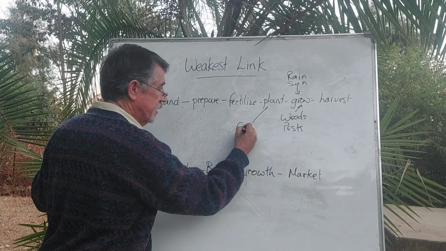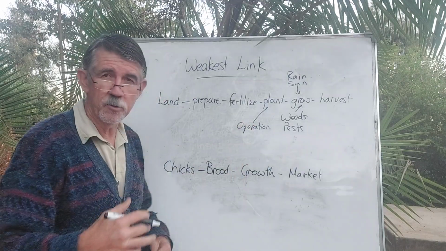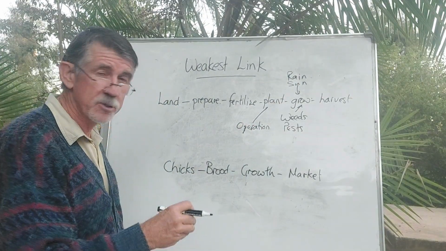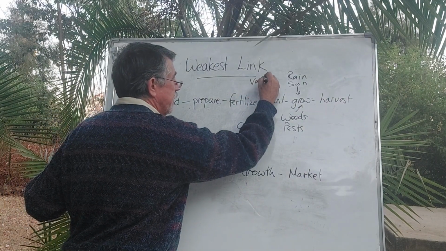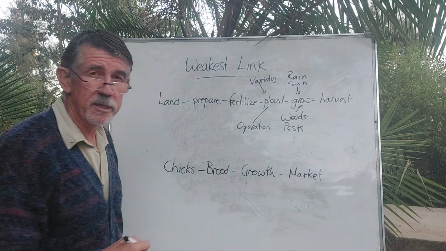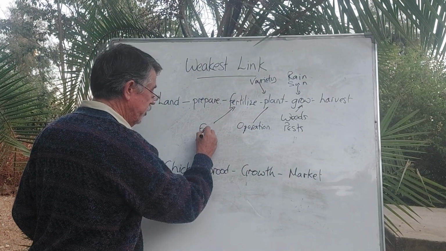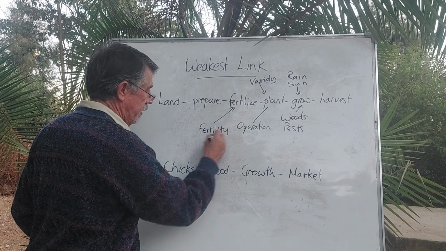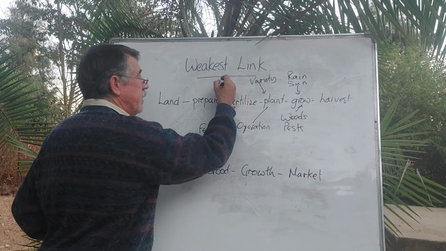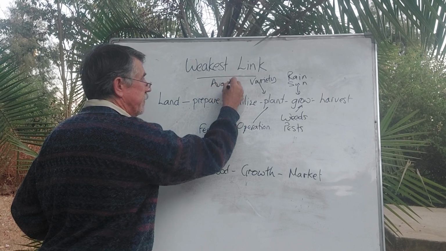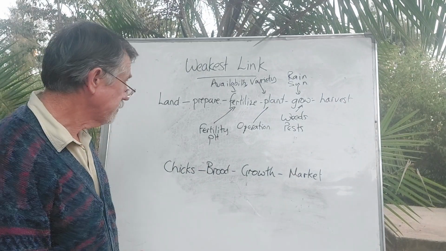Planting, the operation itself, the machining or the actual operating process of planting that seed, the variety, the fertilizer, our fertility in the soil, the pH, it might be the availability of fertilizer.